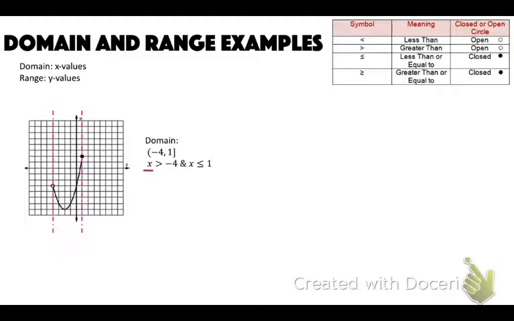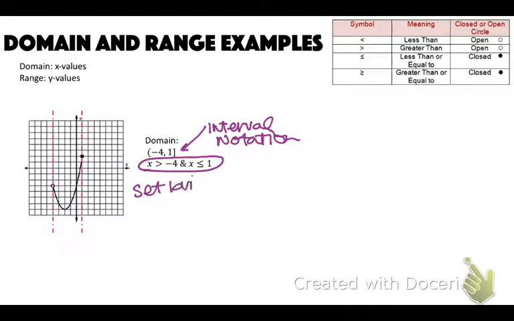And I wrote this part out right here for a reason. So this is called interval notation. And if we need to do it in set builder notation, I think that's what it's called. For set builder notation, it always starts with a bracket here, and then it's going to be x such that.